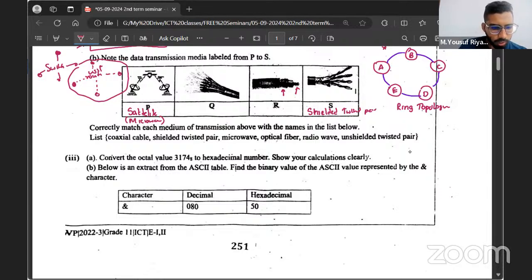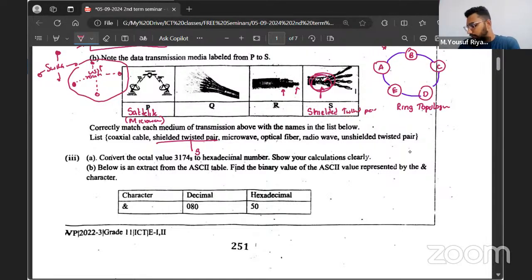So, coaxial cable, shielded twisted pair, microwave, optical fiber, radio wave, unshielded twisted pair. It's actually shielded. So what is the question given here? Match. Shielded twisted pair is going to go first because you can see there's a shield here. In terms of the picture clarity, let me see. I have the paper with me. Page 251.